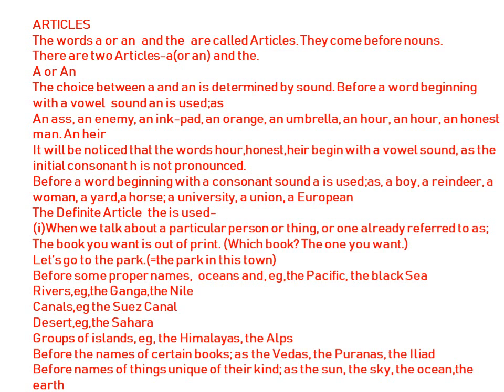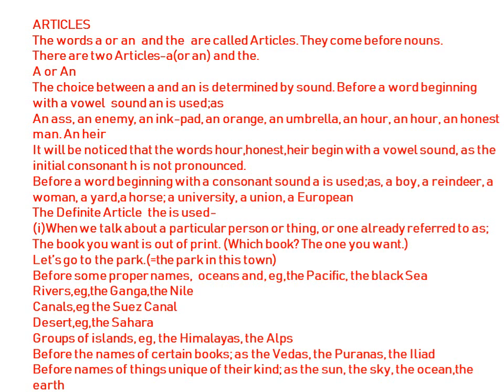A should be used according to the sound the letter makes, not the letter. A boy, a reindeer, a woman, a yard, a horse, a university, a union, a European.